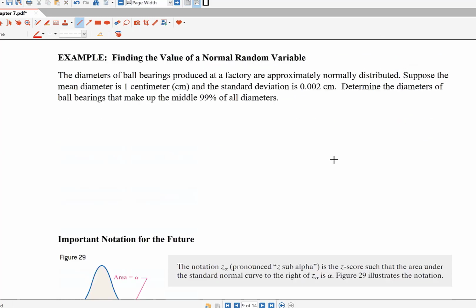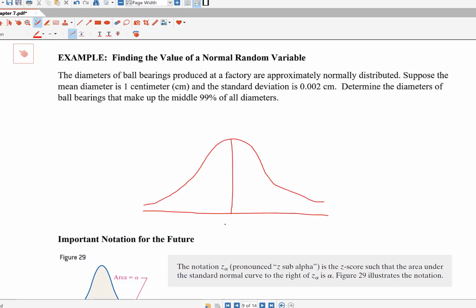With the ball bearing data again, we want to determine the diameters of the ball bearings that make up the middle 99% of all diameters. Middle 99%. So there's some cutoff value here, and there's a cutoff value here.